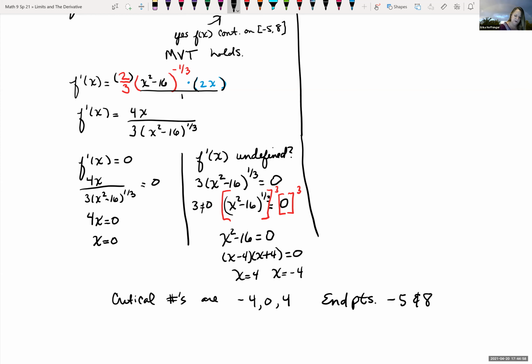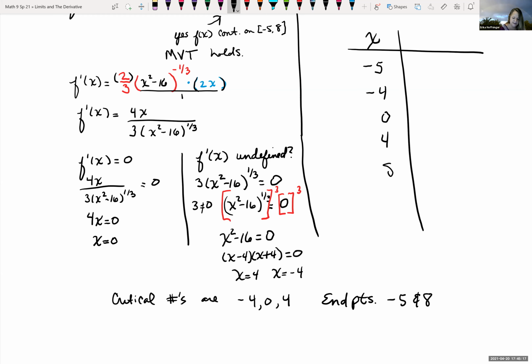So we're going to need to plug these values into our original function. Let's go from smallest to largest. So the left endpoint is negative 5. Then we have negative 4, 0, 4, and then we have 8.